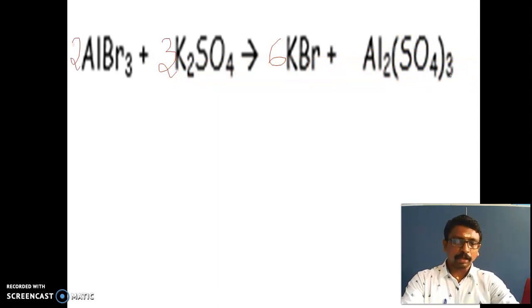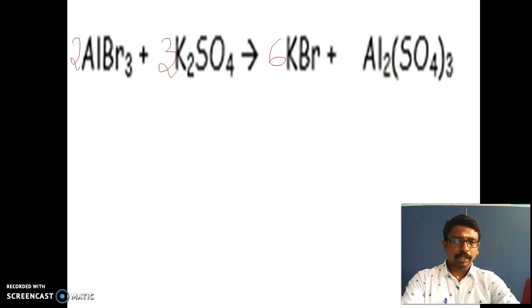And next we can see the oxygen. So here in potassium sulfate the oxygen contains, that is 3 molecule of potassium sulfate, that is 3 into 4, that is 12. So oxygen contains 12 number of atoms in the reactant, and you can see in the product, that is Al2(SO4)3. So here also the oxygen contains 12 number of atoms.